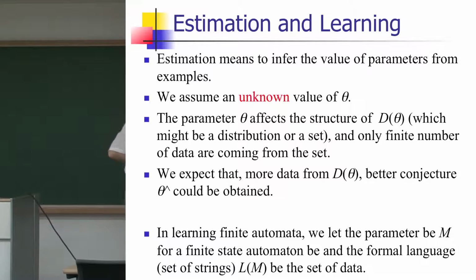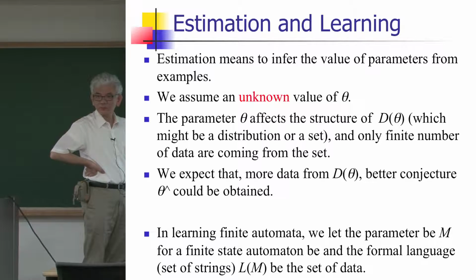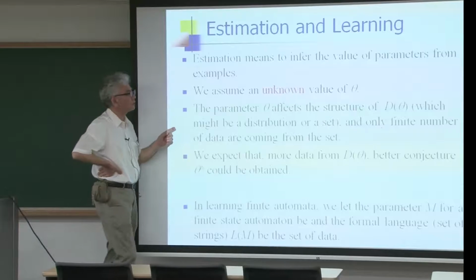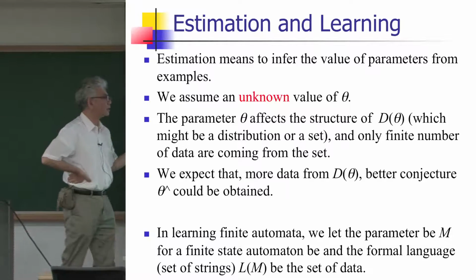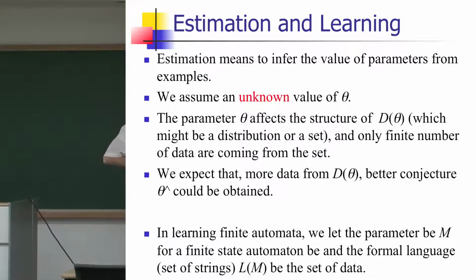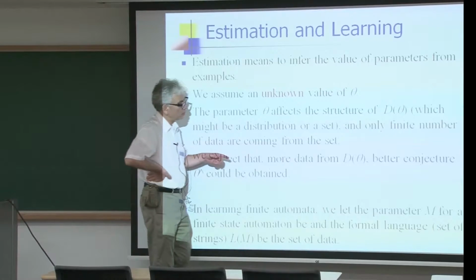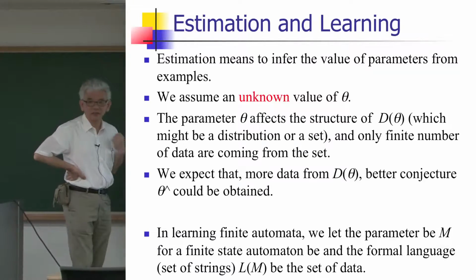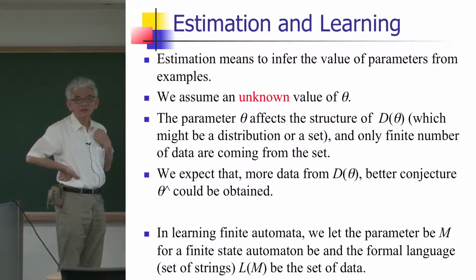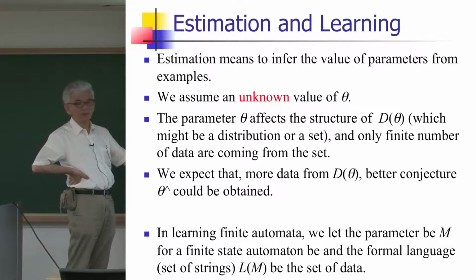The parameter theta affects the structure of D of theta. In statistics, it is a distribution on data, but in our theory, it's just a set. And only a finite number of data are coming from the set or distribution. And we expect that the more data from D of theta, the better conjecture could be obtained.